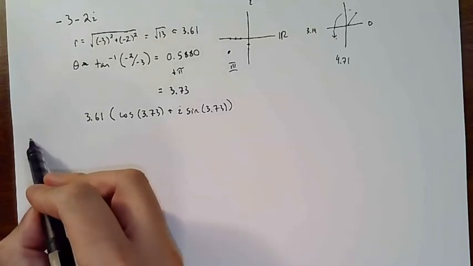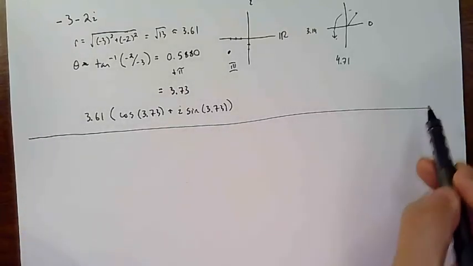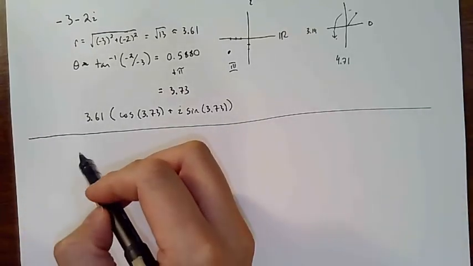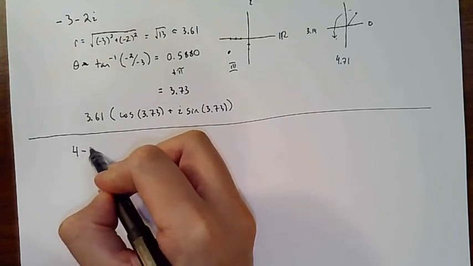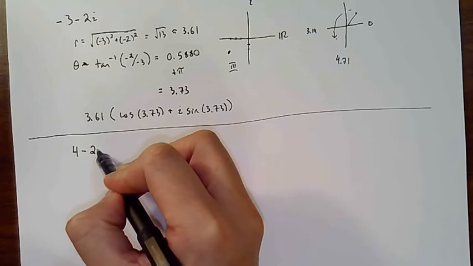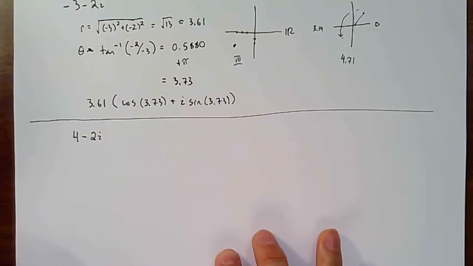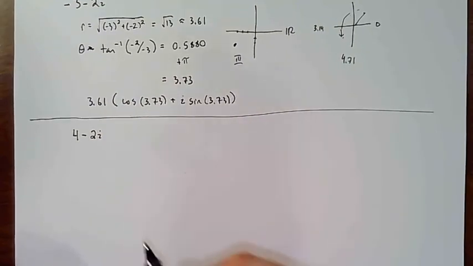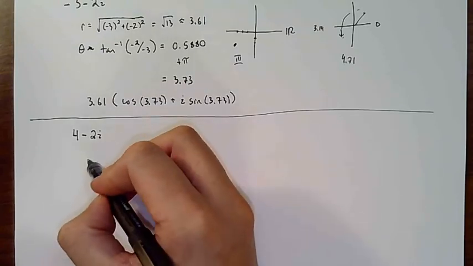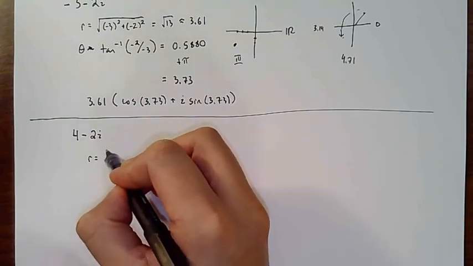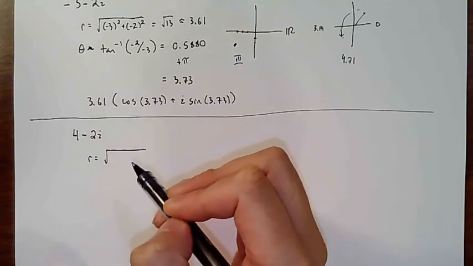Last one I'm going to do, if you've noticed a pattern, actually falls in quadrant 4. So let's look at 4 minus 2i. So 4 minus 2i, we're going to find our r, just like we did before. So what's our r?